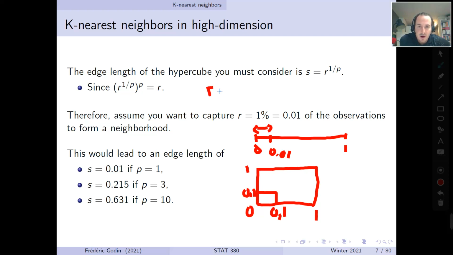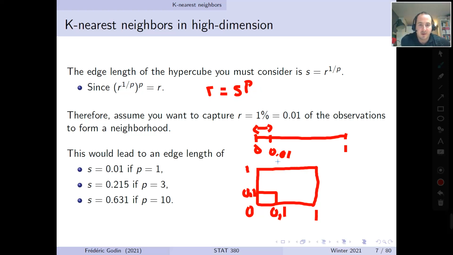r is equal to s to the power p, where s is the length of the edge, and you multiply that p times, because you're in p dimension. To find the length of the edge of your hypercube which covers r, so 1% here, 1% is equal to your edge length to the power p.